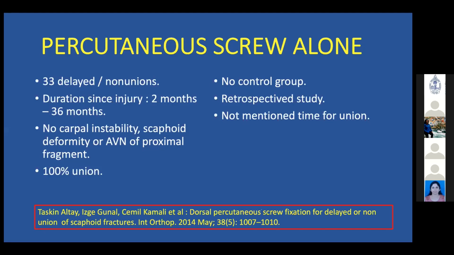So again, no control group, retrospective study, and they have not even mentioned how long it took the scaphoid to unite. So we need larger series and more studies to comment on percutaneous screw fixation.